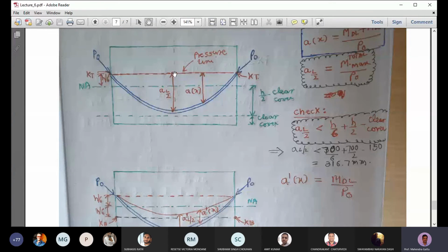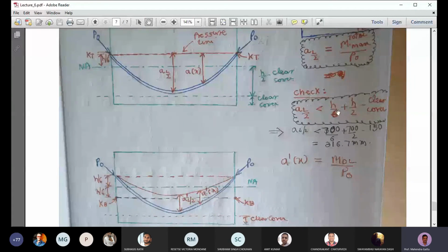And with respect to the top kern line, it will be h by 6 plus h by 2 minus clear cover. So this distance is h by 6 between the top kern line and the neutral axis, and from there the distance is h by 2 minus clear cover. So this entire length should be less than h by 6 plus h by 2 minus clear cover. If it exceeds it, then the cable will go below the clear cover. We don't want it. So it should lie above the clear cover.